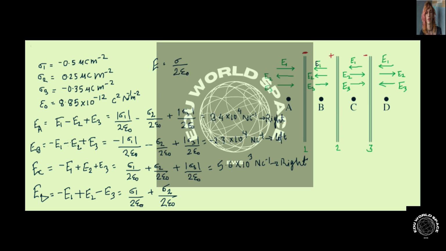Now minus E3 means that we can just add without the modulus, right? So this finally gives me 3.4 into 10 to the power 3 Newton per coulomb, negative of this. So it means that the electric field is towards the left.